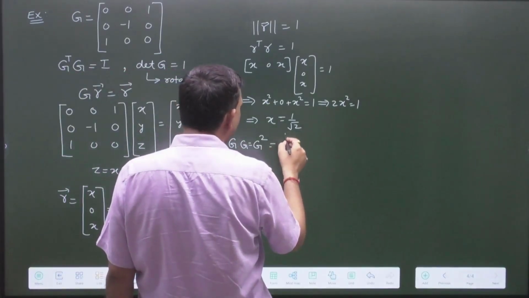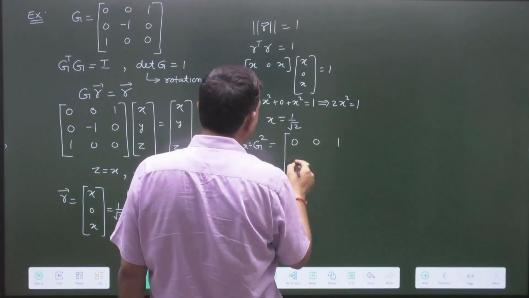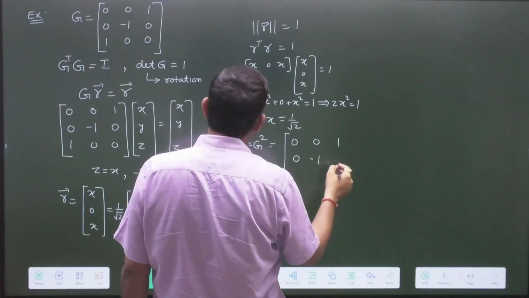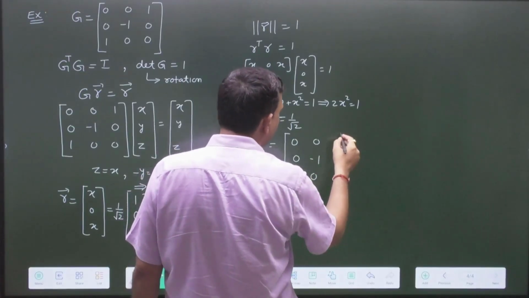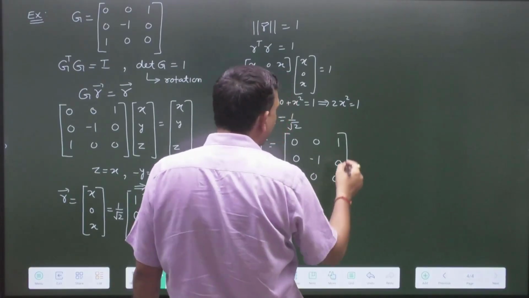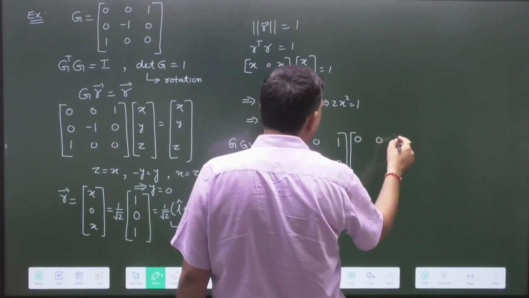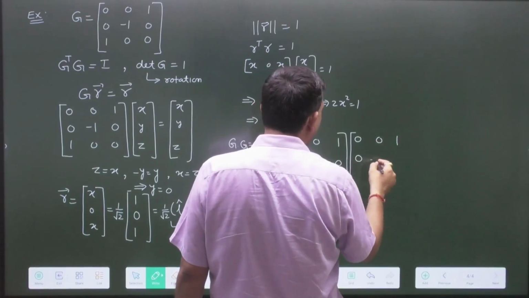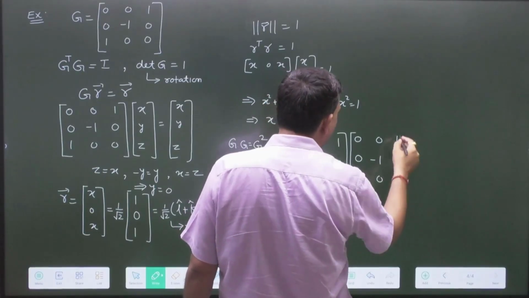So if you multiply 0, 0, 1, 0, minus 1, 0, 1, 0, 0 with the same matrix 0, 0, 1, 0, minus 1, 0, 1, 0, 0.